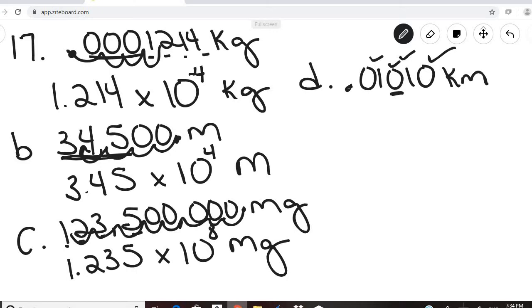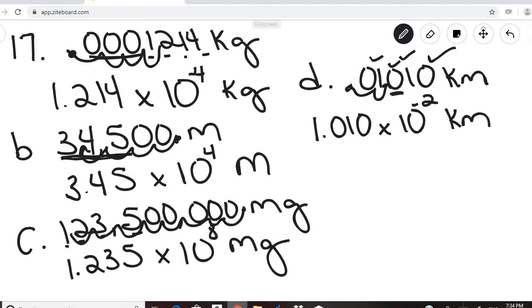So we have 4 significant figures. So 1.010, there's our 4 significant figures, times 10 to the, we're going to move the decimal place to the right, so our exponent will be negative. So we'll move the decimal place 1, 2 places, so times 10 to the negative 2 kilometers. Okay, so that is number 17.